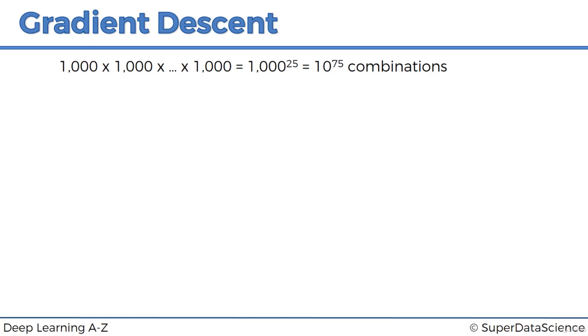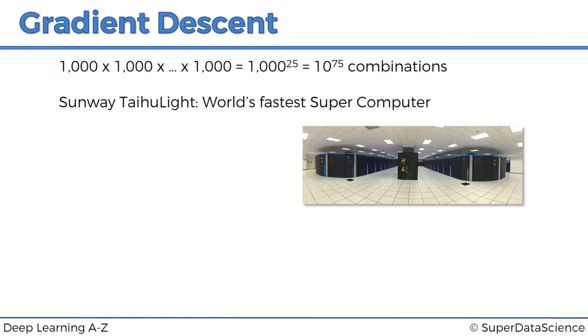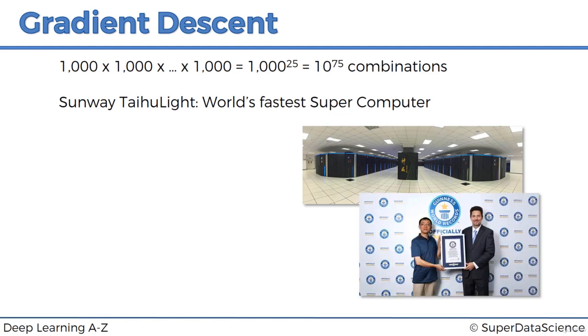Now let's see how Sunway TaihuLight, the world's fastest supercomputer as of June 2016, would approach this problem. It looks like this. It's a whole huge building pretty much for this one supercomputer, and it got the Guinness World Record for being the fastest supercomputer.